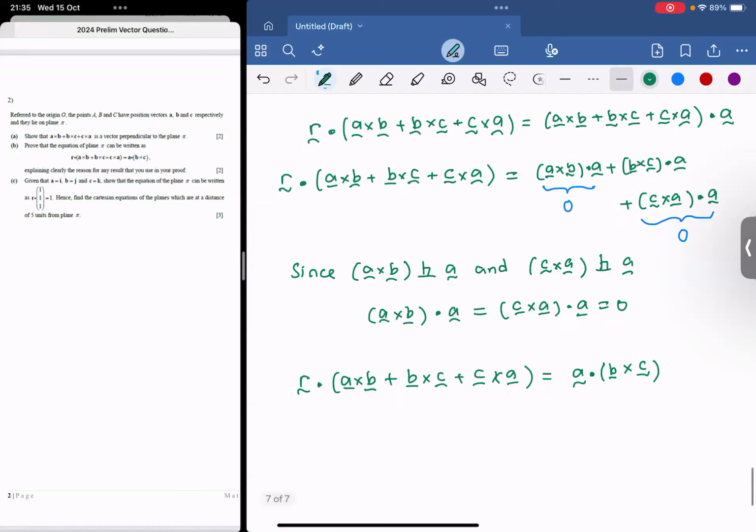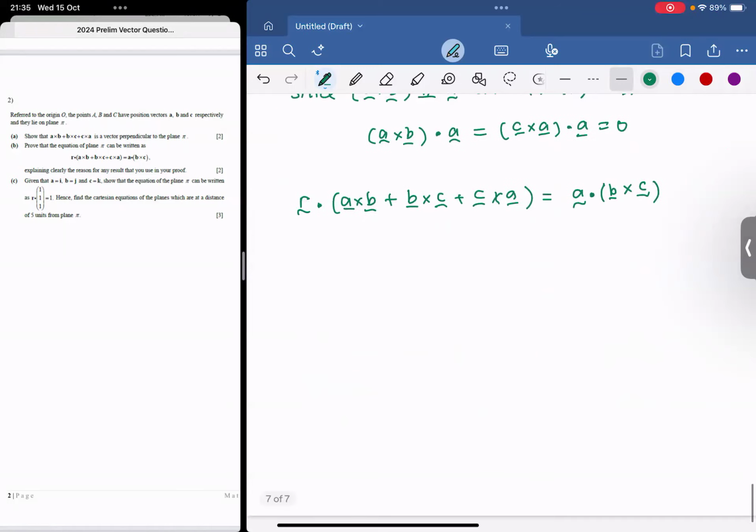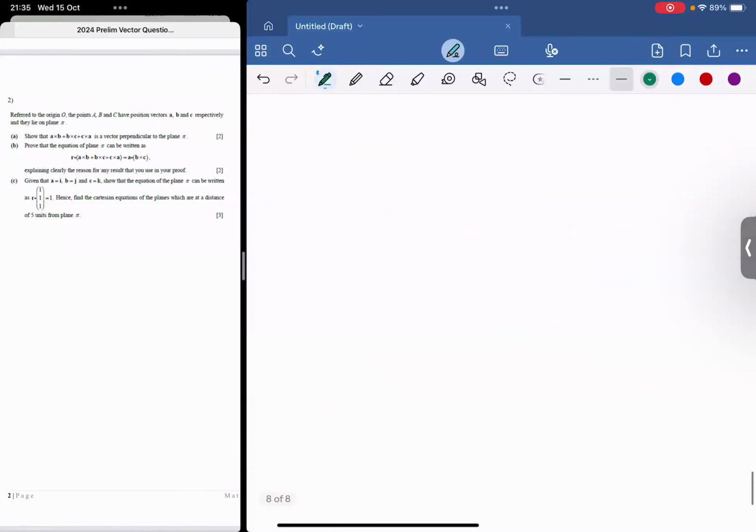Okay, let's move on to part C. Given that A is this, B is this, show that the equation of the plane can be written as this. Hence, find the Cartesian equation of the planes that are a distance of 5 units. Okay, so based on the previous equation, we just put in.